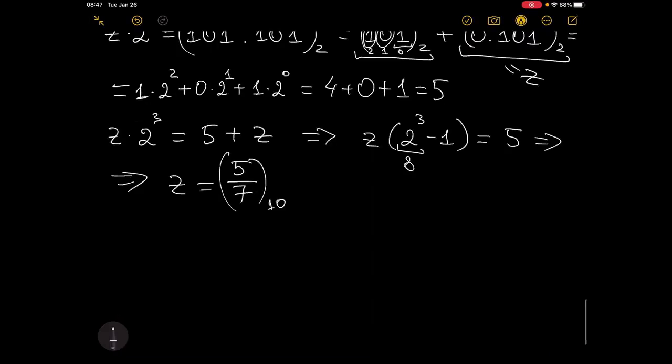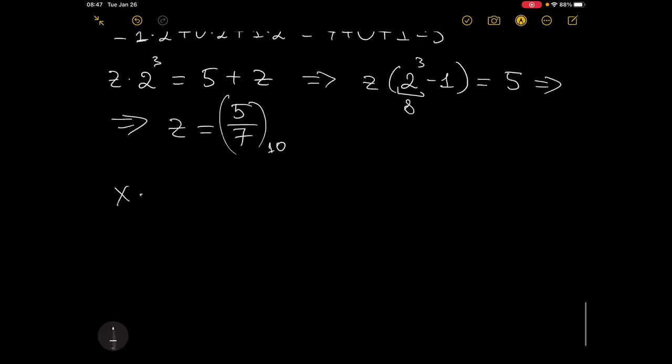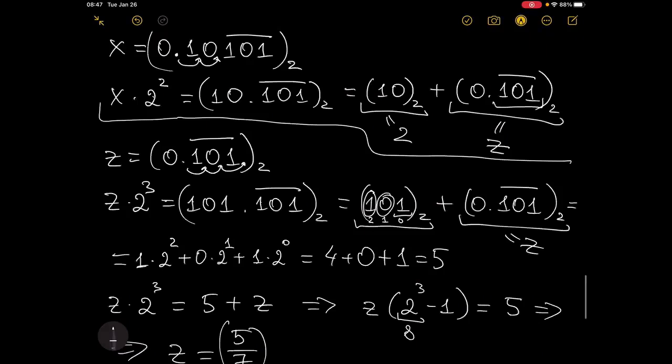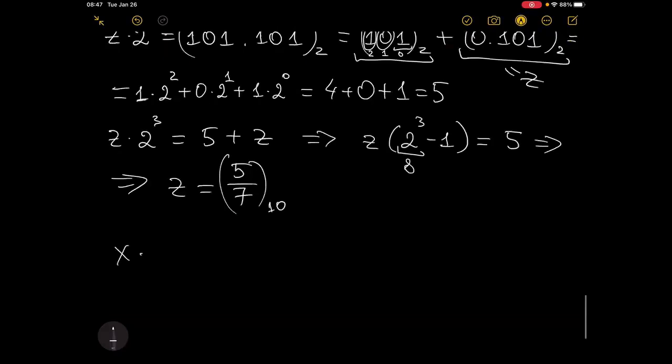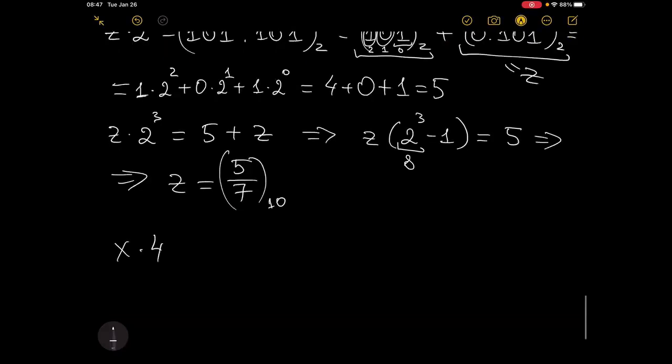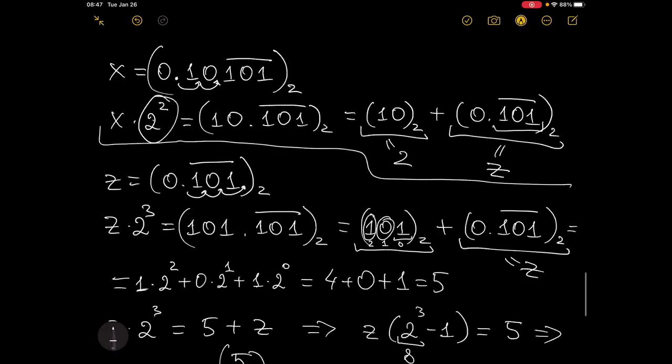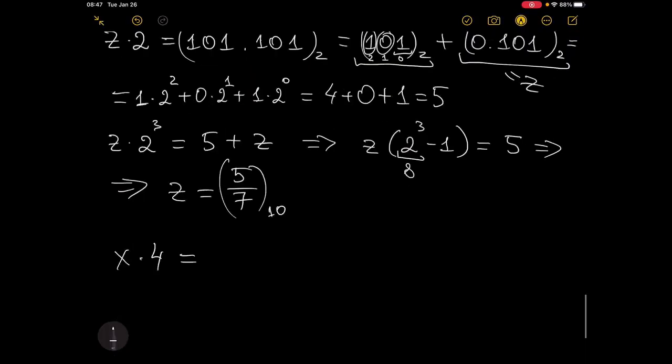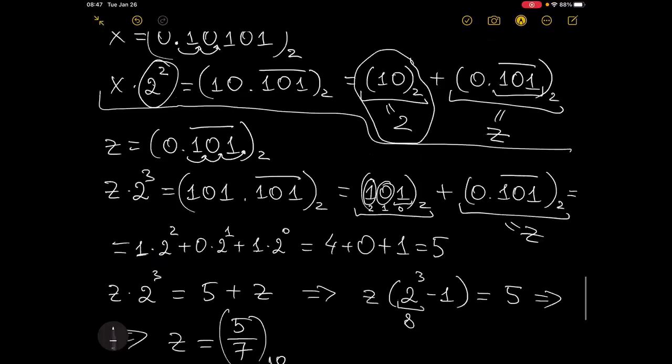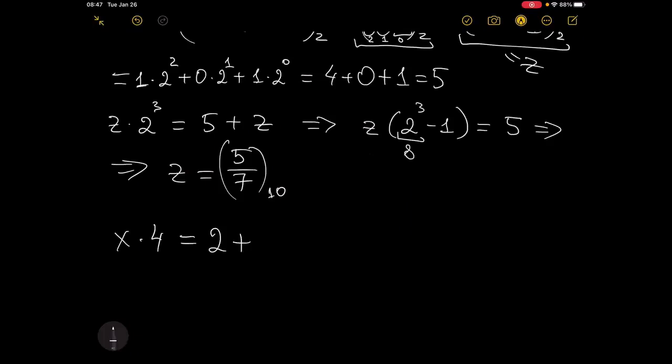So we are getting that x multiplied by 2 to the second, by 4, equals 2 plus z, right? 5/7, right?